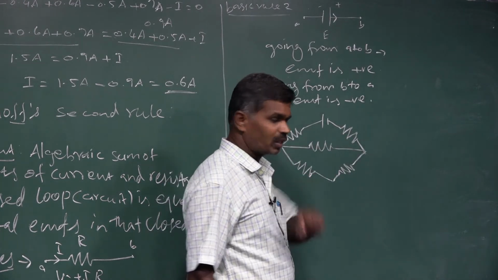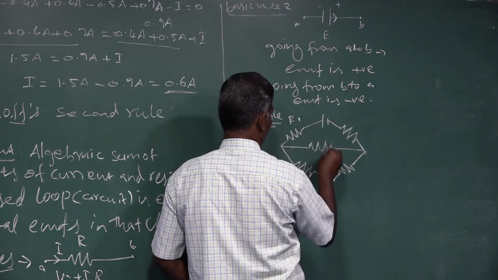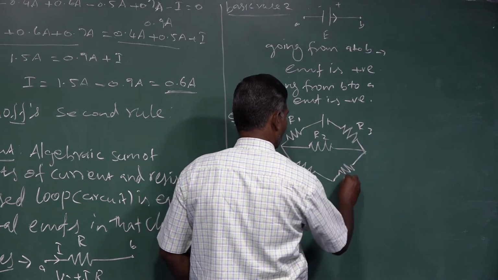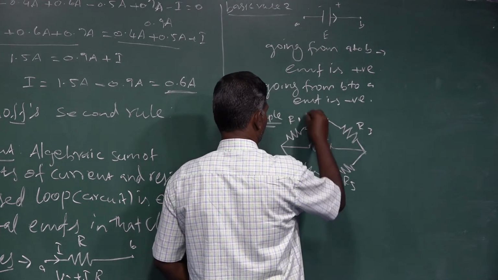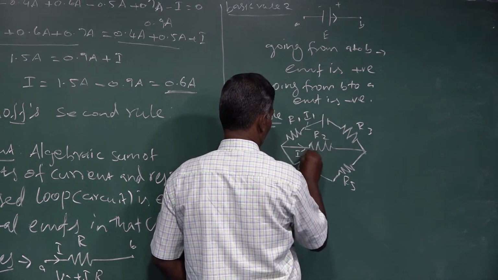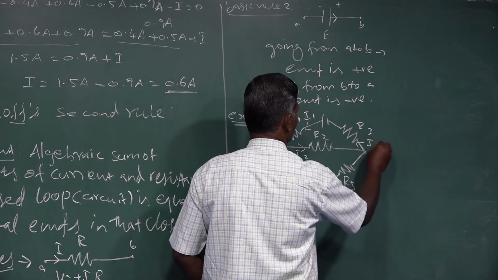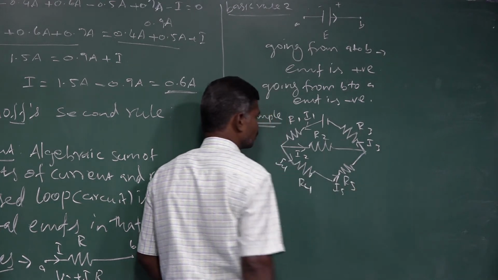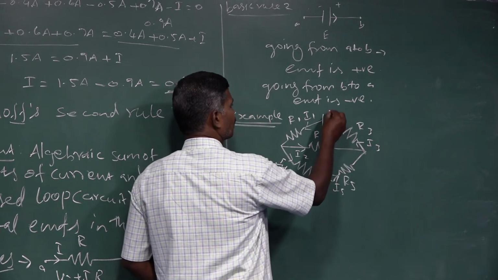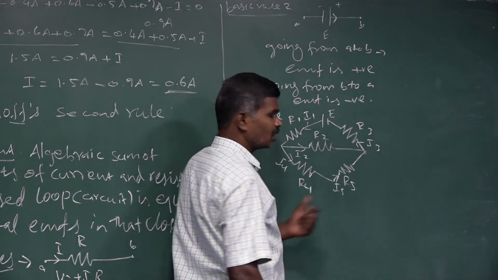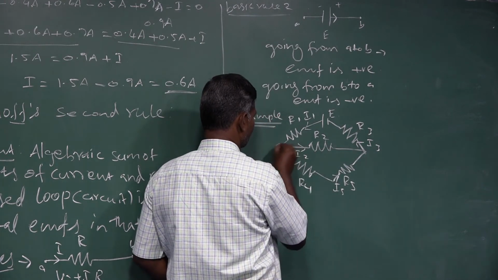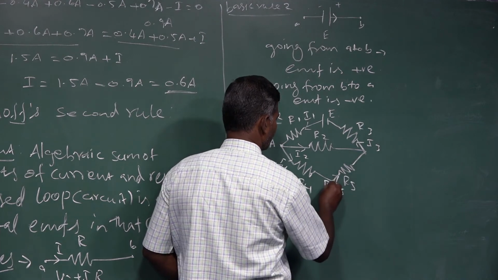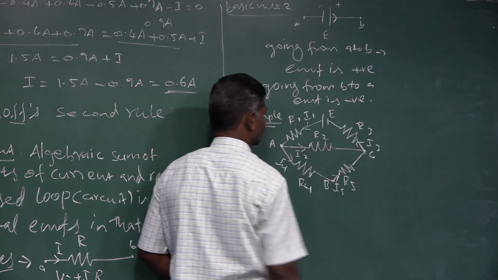We name them R1, R2, R3, R4, R5. Their currents are I1, I2, I3, I4, I5. Here we represent the cell EMF with a capital E. This junction point may be represented as A, this point as B, and this as C.